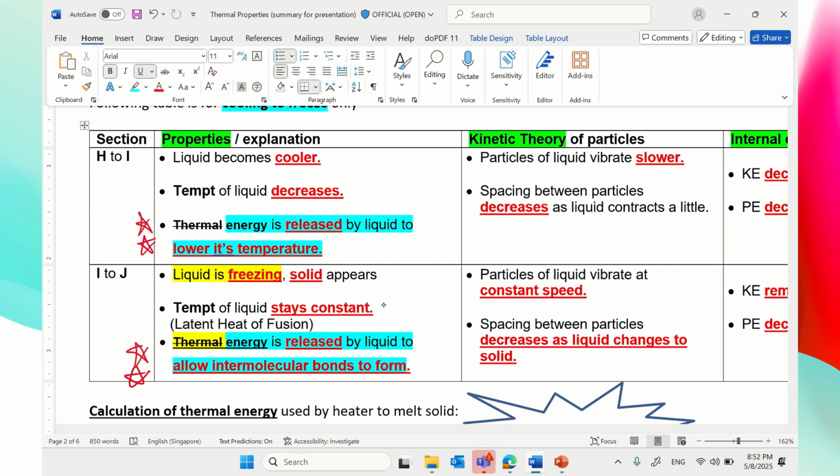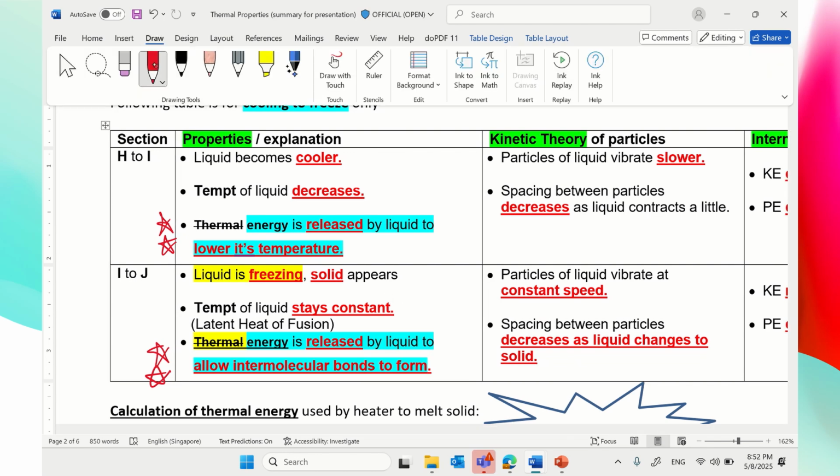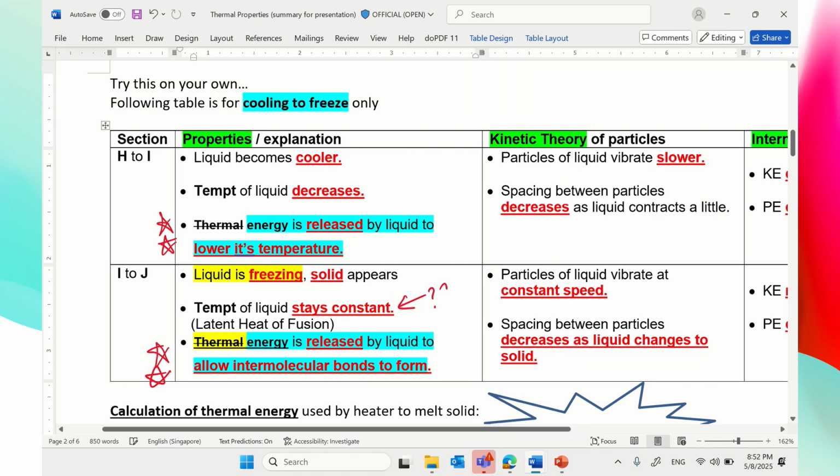It is often asked, why does temperature remain constant even though energy is being given out by the substance? Normally, when a substance gives out energy, the temperature should drop. But why in this case, I to J, does the temperature remain constant? Because the energy is released by the liquid to allow intermolecular bonds to form as it changes to solid during this freezing process. If you can say that, it's good enough.